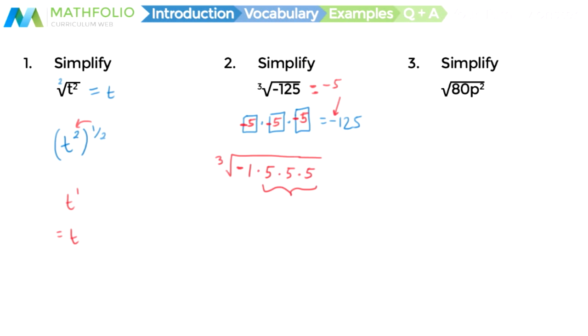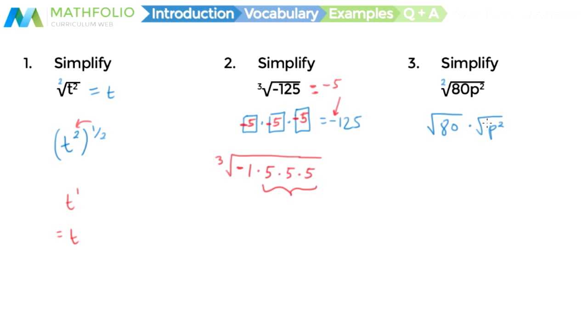Okay, number 3. Here we're asked for the square root, but this time it's a term containing a coefficient and a variable with an exponent. Because this is a square root, there's no number, but it's implied that the index is 2. And so we could think of this as the square root of 80 times the square root of p squared.